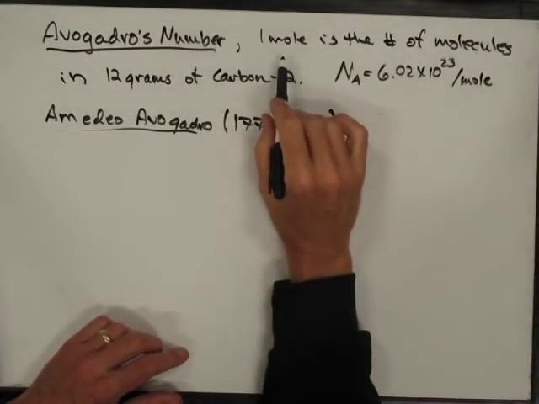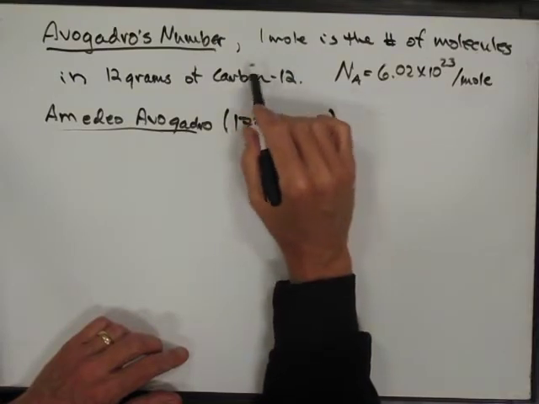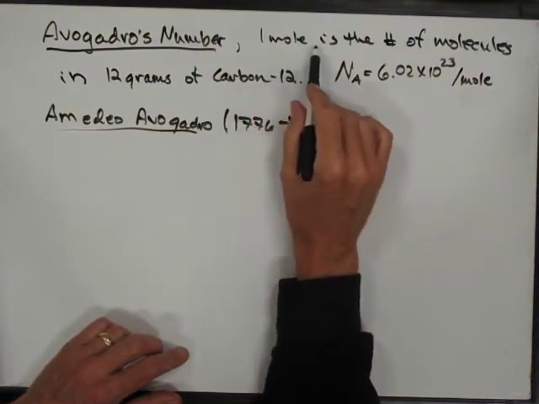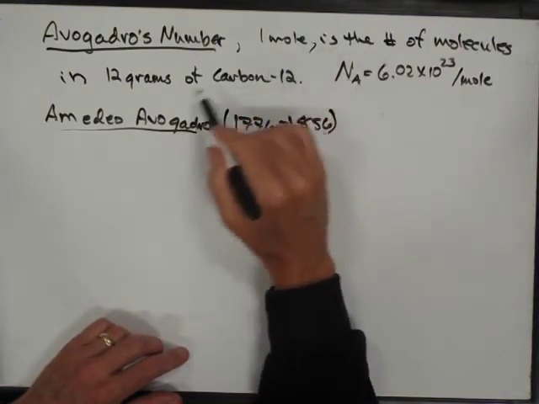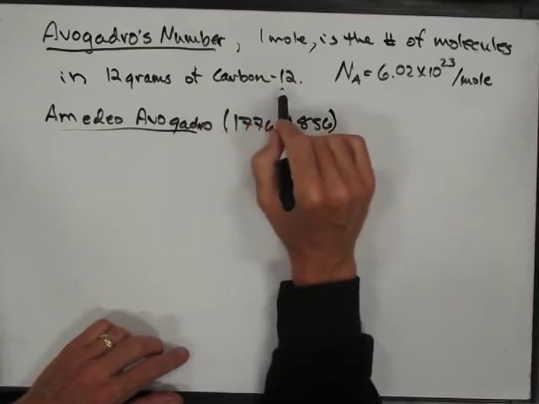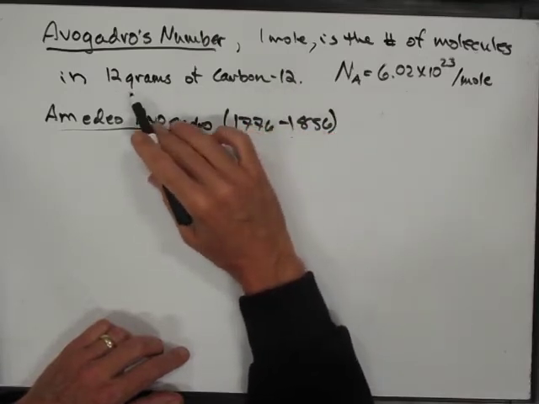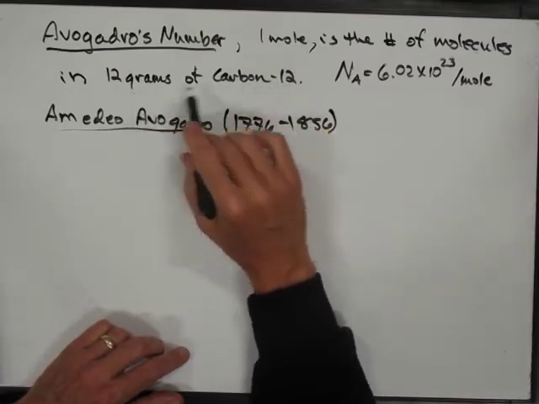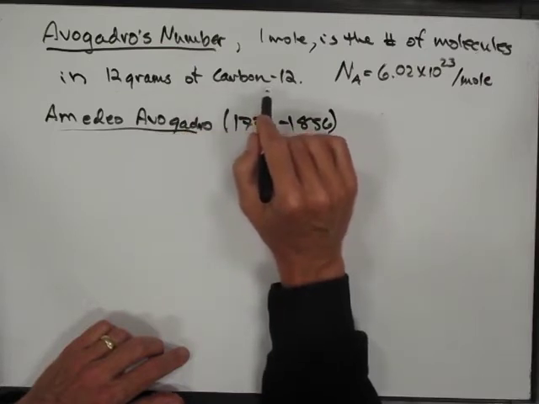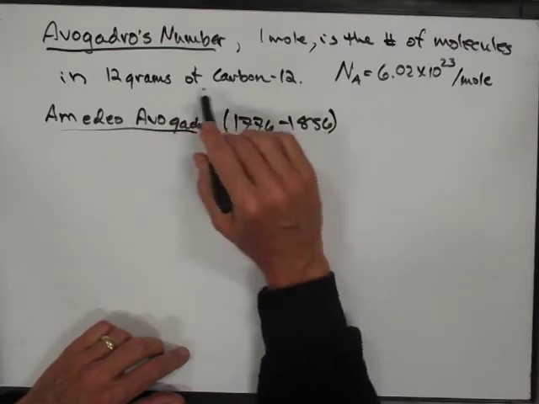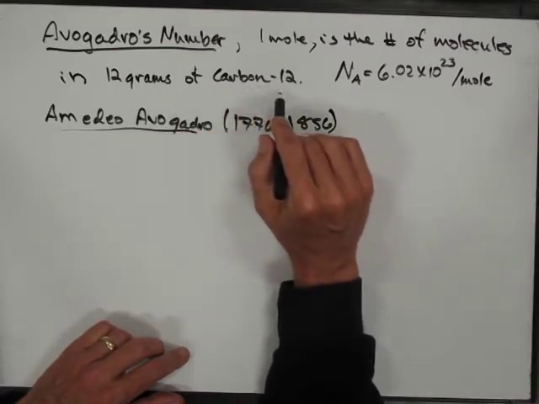So let's talk about Avogadro's number for a minute. Avogadro's number is a mole, which is the number of molecules in 12 grams of carbon-12. It's also the number in 14 grams of carbon-14, or 16 grams of oxygen-16, or 44 grams of CO2 with the corresponding isotopes, and so on.